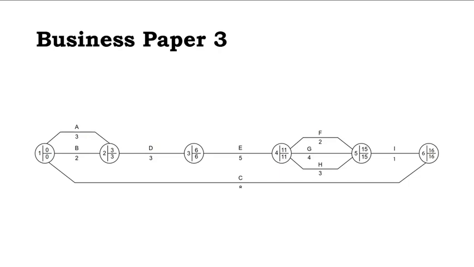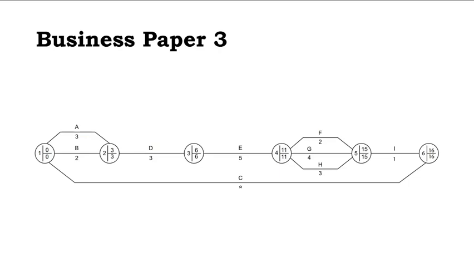Activity D is dependent on A and B, E is dependent on D, whereas F, G, H are dependent on E. I is dependent on the completion of F, G, H. And there is no discussion for C, so it means C and I both end at the same time.